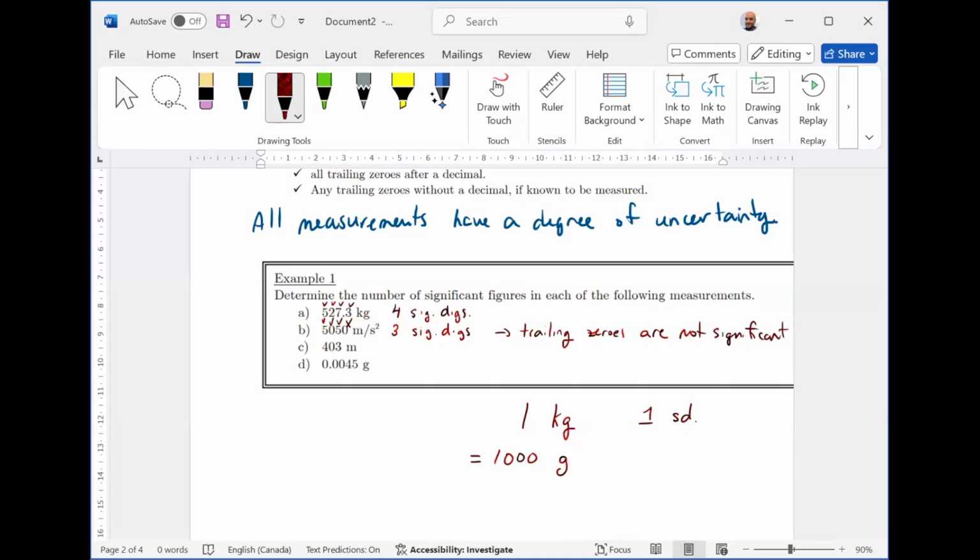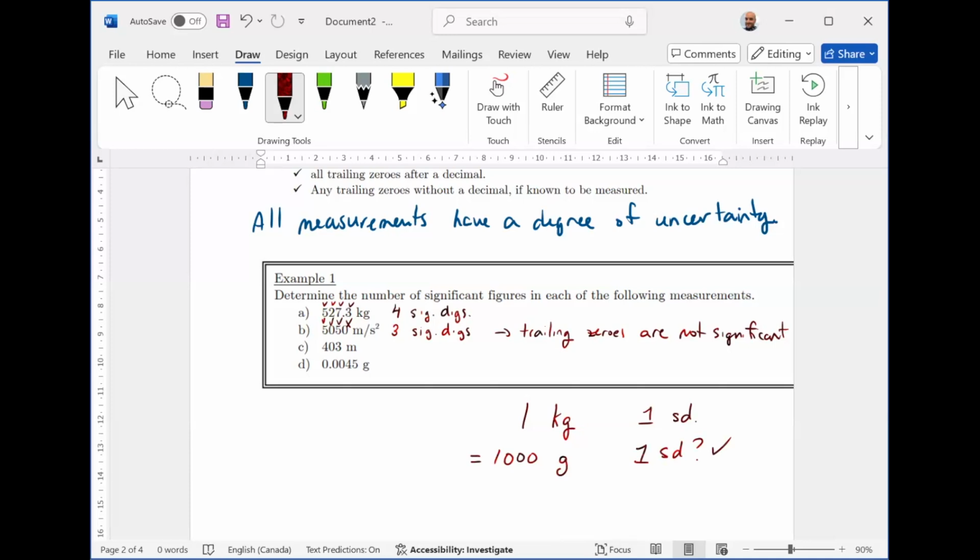I think one. Caden, Samuel, what do you guys think? I think one. Yeah, if you're thinking one, then you are correct.